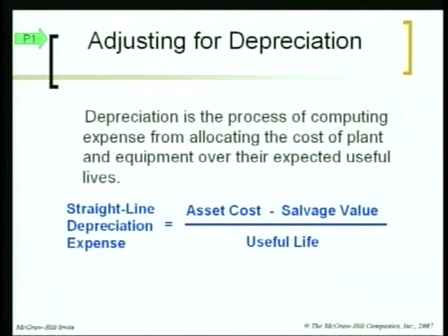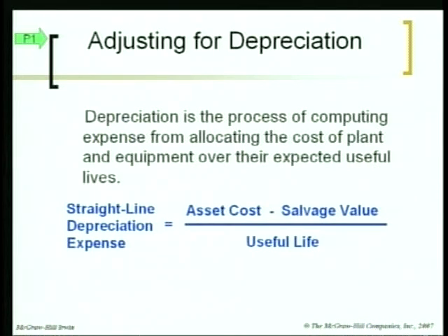Straight line depreciation equals your asset cost minus salvage value over useful life. An example is going to help clarify this. What is salvage value? Another term for salvage value is residual value. That is just what we think it might be worth at the end of its life.